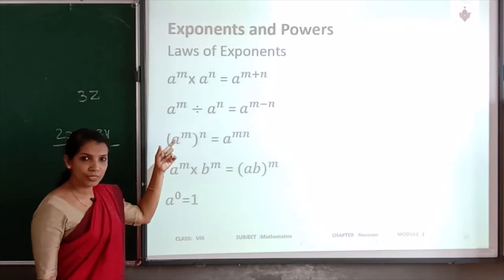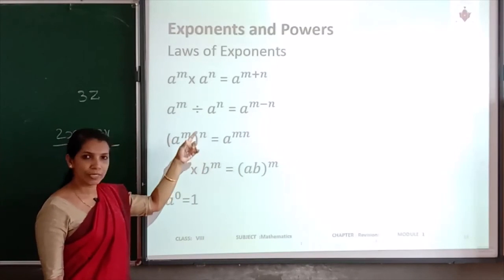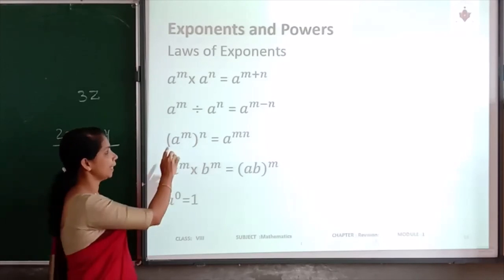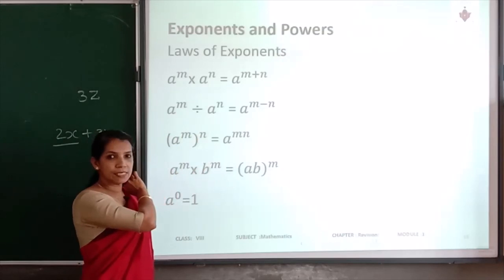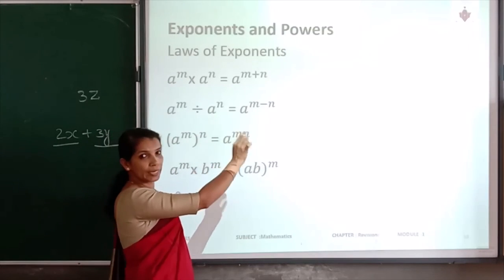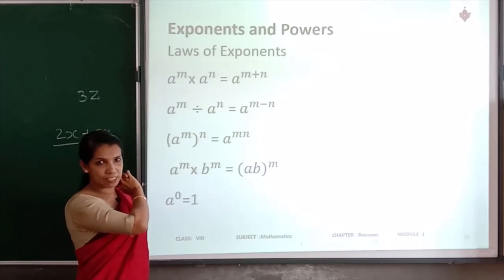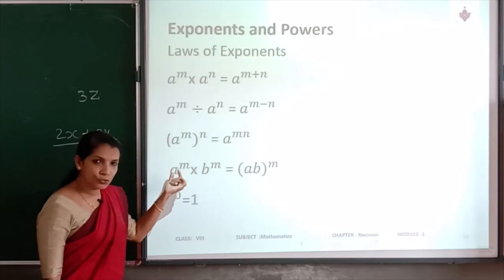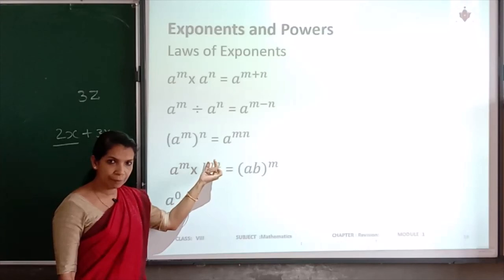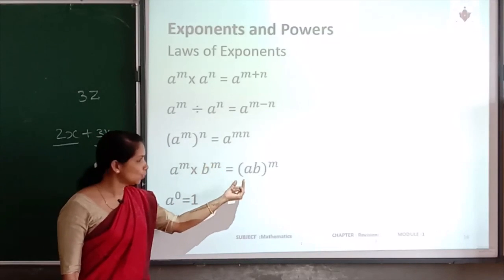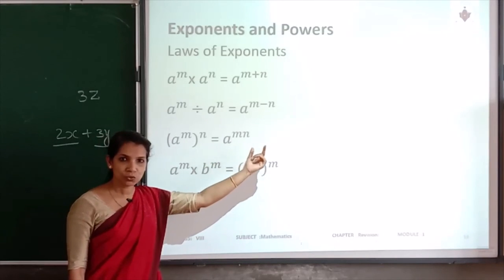Next, a raised to m, all raised to n. 2 powers are there, raised to the power m, all raised to n. It is a raised to m into n. You multiply those 2 powers. Then a raised to m into b raised to m, both are same powers, that will be equal to ab all raised to m.